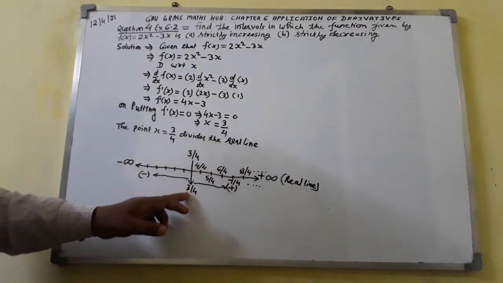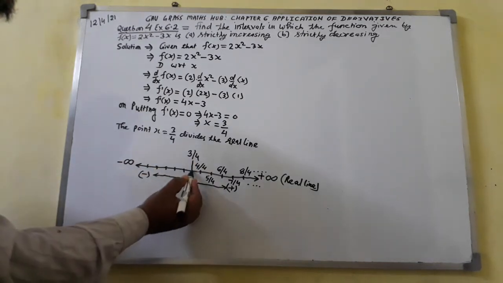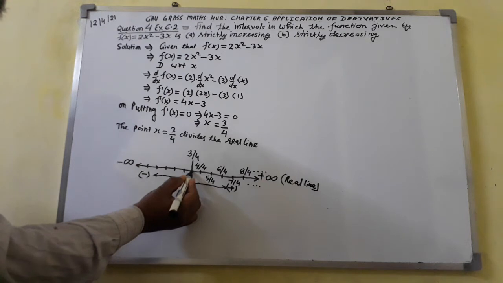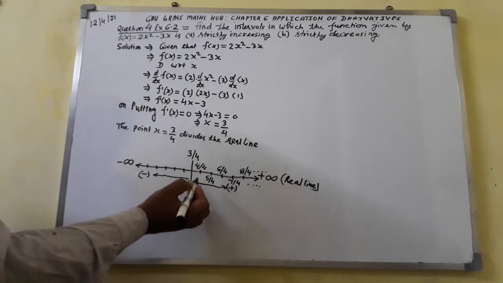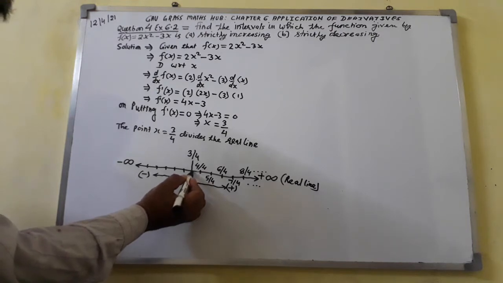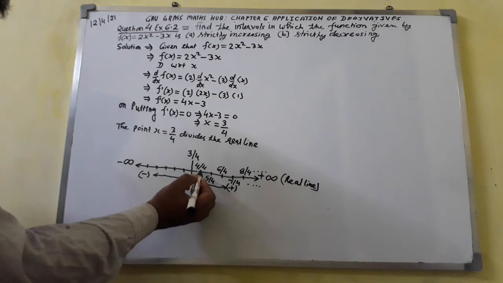And here 3 over 4. From this point, mark that 3 over 4. If you move to the right hand side, all real numbers will be positive.